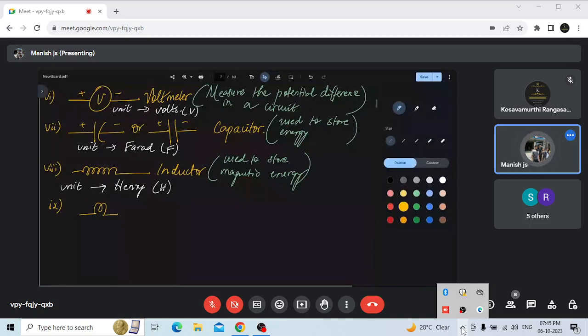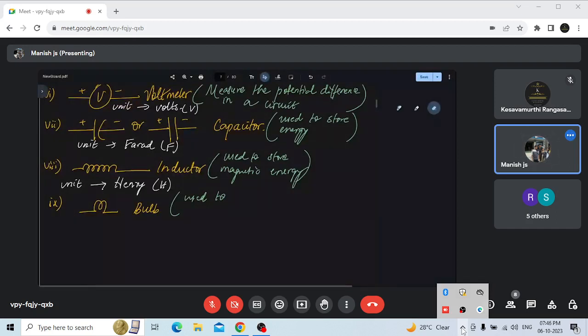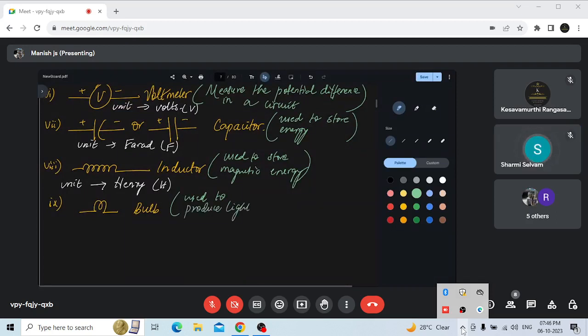What is this called? Bulb, sir. Yes, this is called a bulb. What is a bulb used for? It is used to produce light, isn't it? Yes, sir. Used to produce light or illumination. What is the unit?